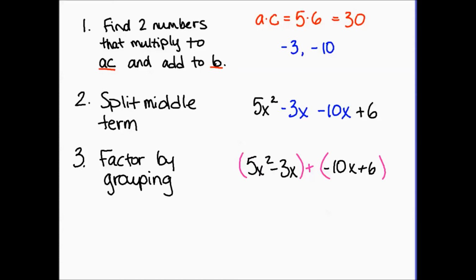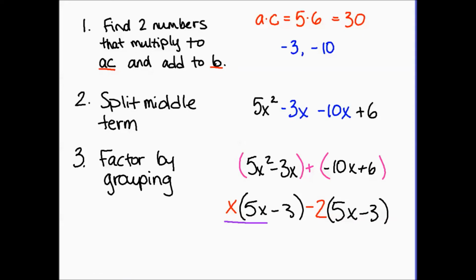Then I'm going to factor the GCF out of each parenthesis. For the first parenthesis, that's x, and I'm left with 5x minus 3. For the second parenthesis, the GCF is negative 2, and I'm left with 5x minus 3.